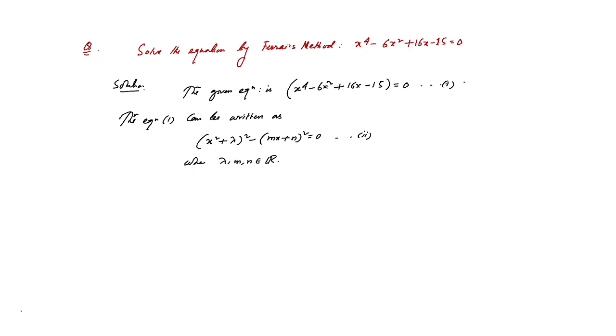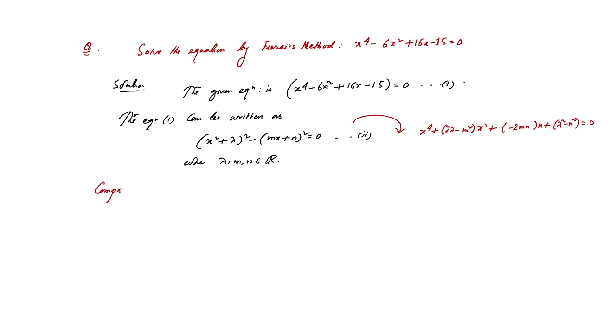Step 3, now we compare. Comparing, it is x to the power 4 plus something into x square plus something into x plus something equals 0. So this will be 2 lambda minus m square, then minus 2mn, and this is lambda square minus n square. So we'll compare 1 and 2.